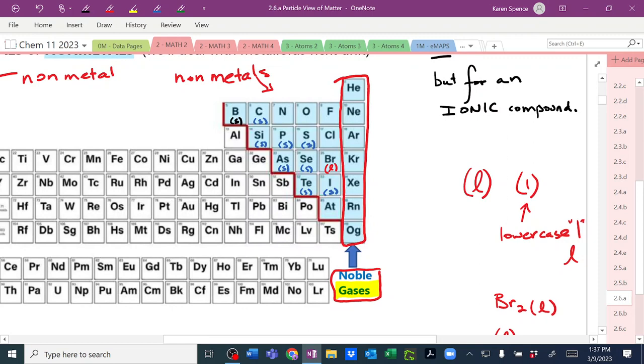Do you need to memorize those? No, you should memorize that mercury is a liquid and that bromine is a liquid, because they're really the only two liquids. It's a little bit special.